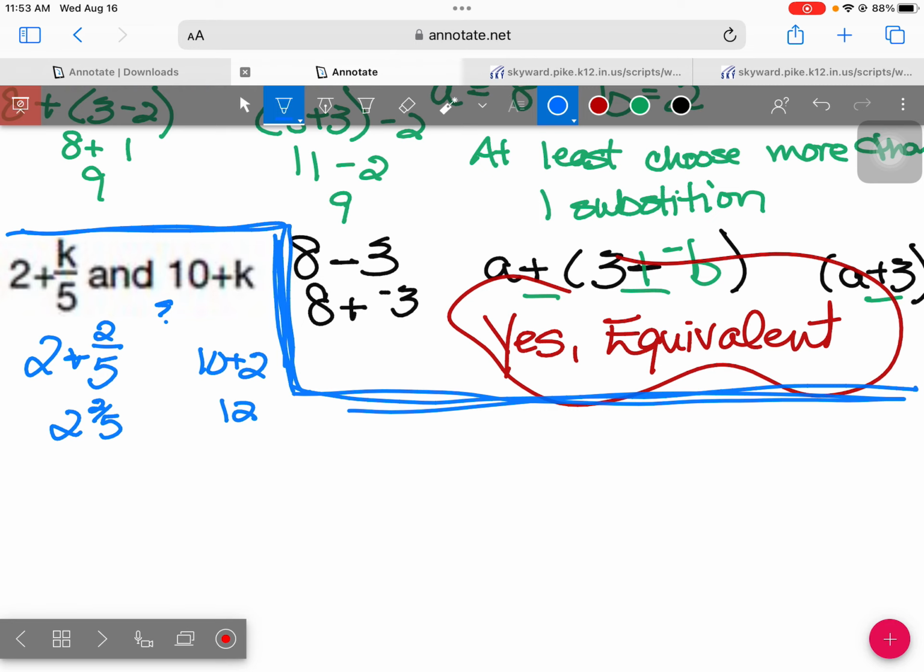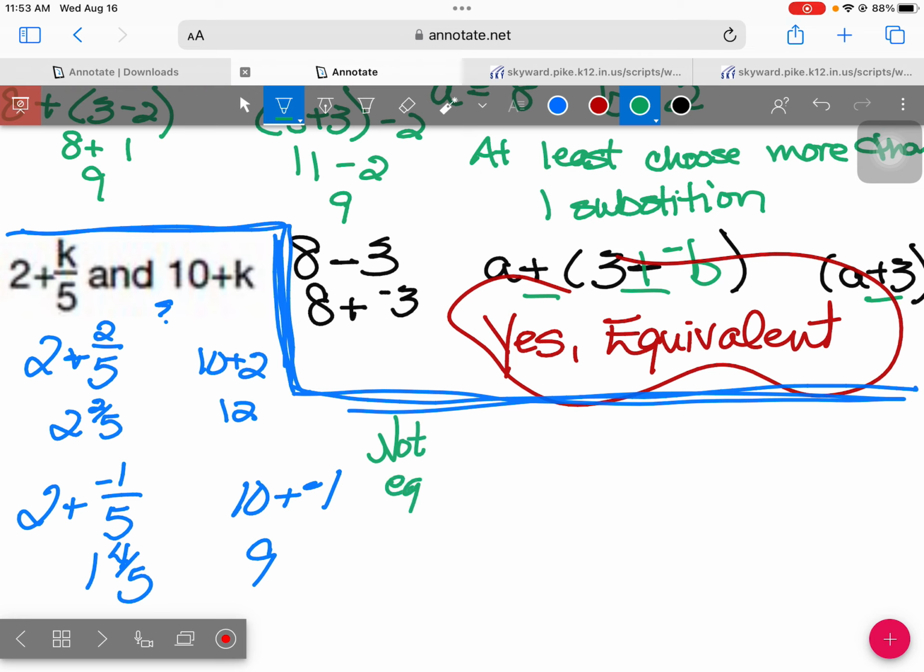If you pick another one, maybe even a negative, let's say -1, 2 plus -1/5, how does that compare with 10 plus -1? Well, here you're going to get 1 4/5, and here you're going to get 9. So this seems to be not equivalent. But does anyone know how to show that algebraically?